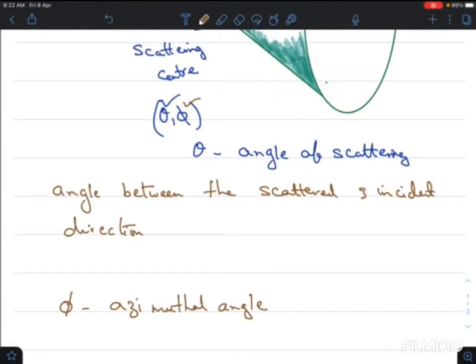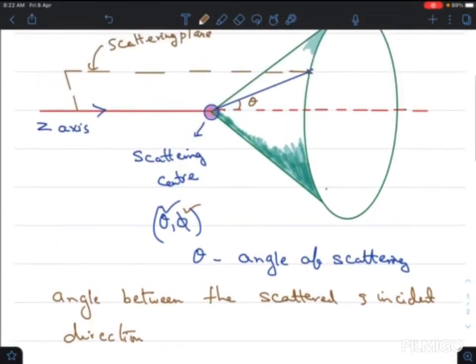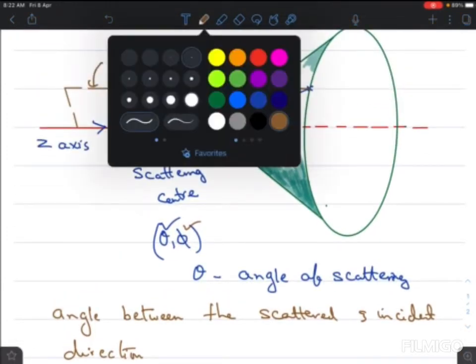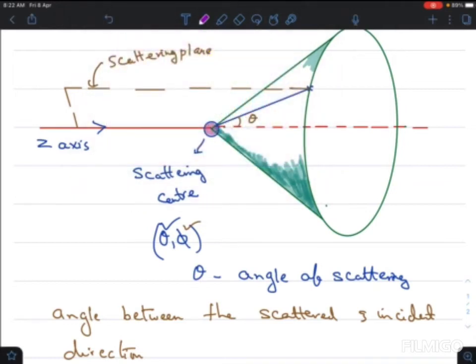It specifies the orientation of this plane of scattering with respect to some reference plane which contains the z-axis. So the azimuthal angle, we can draw it as, okay. It is the angle between the scattering plane, okay, I'll just take a point here, and I'm going to draw a line here. And then some reference plane.